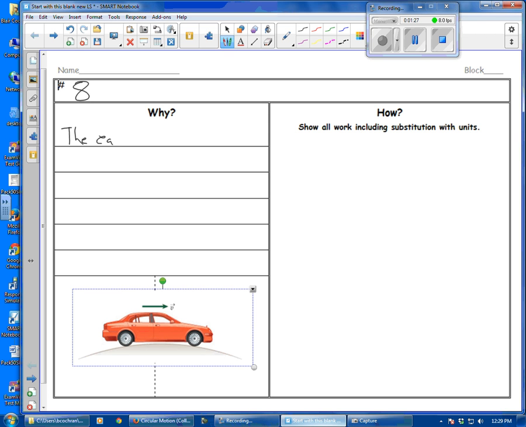The car is moving in a circle, not for long, but just for a little bit. So it must accelerate towards the center of the circle.